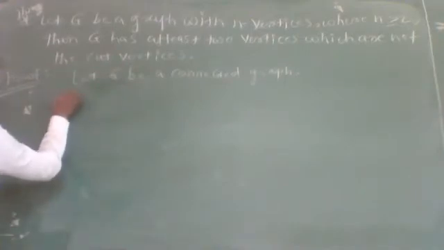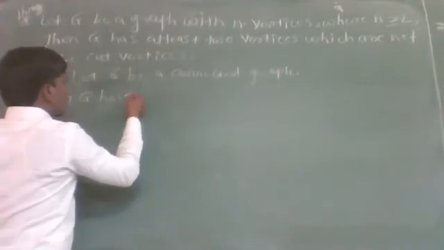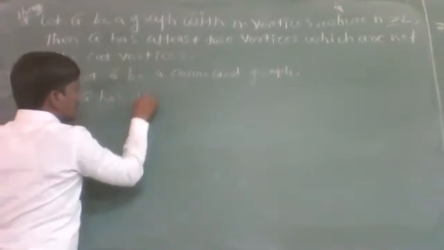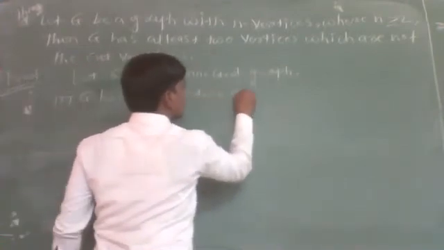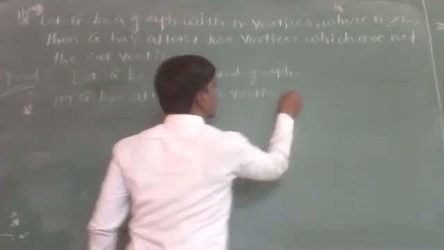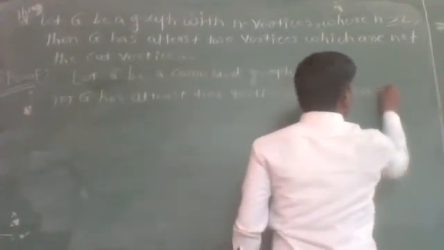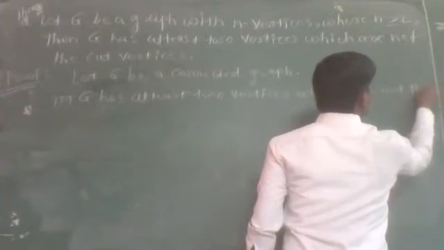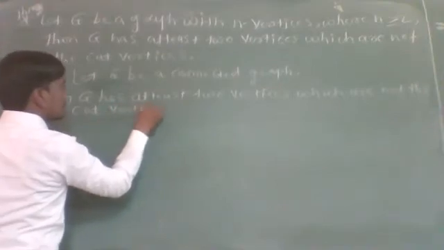To prove that G has at least 2 vertices which are not cut vertices, let us assume the contradiction.